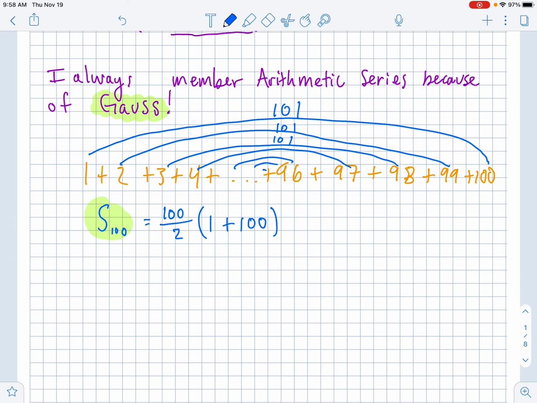So this would be 50 times 101, so this is 5050. Very quick. You guys, this right here is essentially one of the arithmetic series formulas.